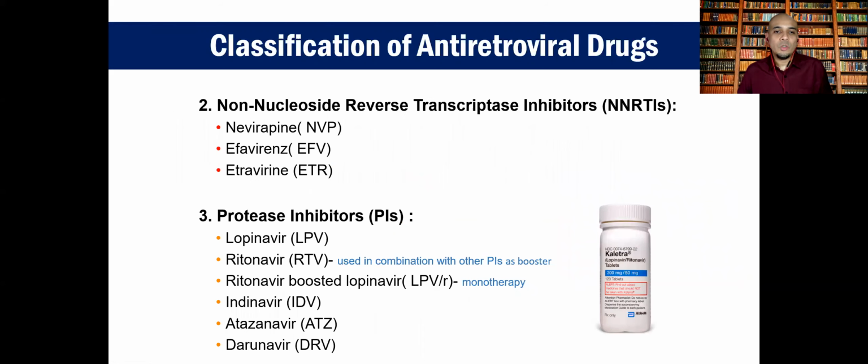Next group is non-nucleoside reverse transcriptase inhibitors, such as nevirapine, efavirenz, and etravirine. And then the third group is the protease inhibitors. The examples are lopinavir, ritonavir, usually used in combination with other protease inhibitors as a booster, and also ritonavir-boosted lopinavir as a monotherapy, indinavir, atazanavir, and darunavir.